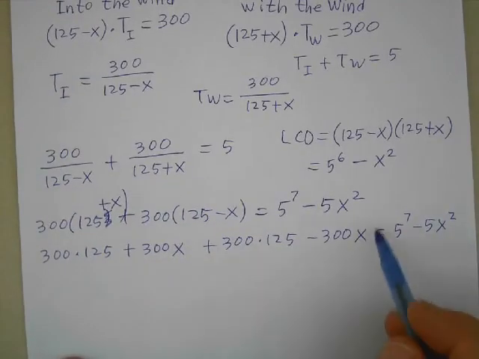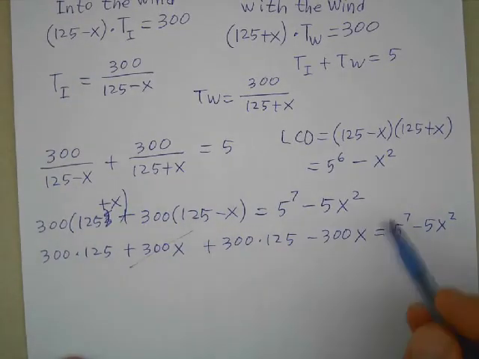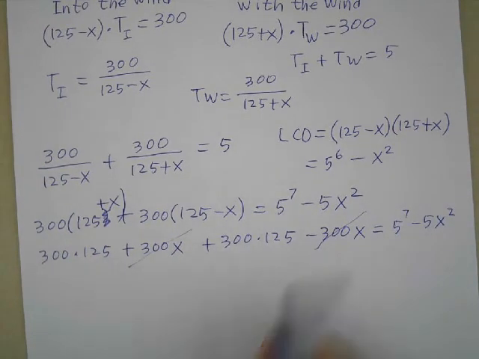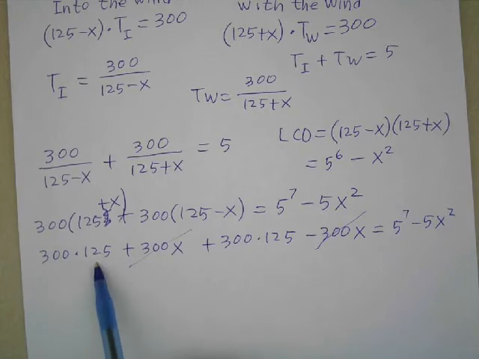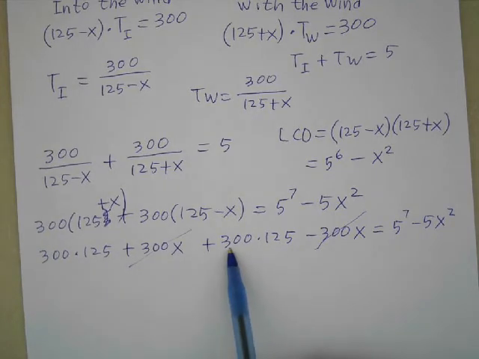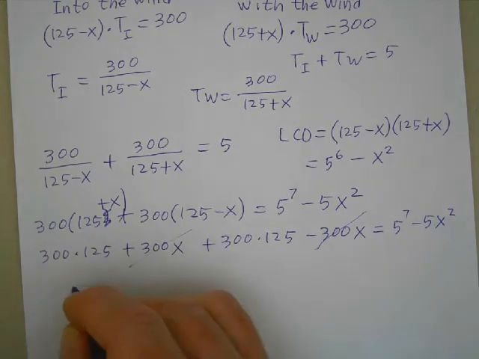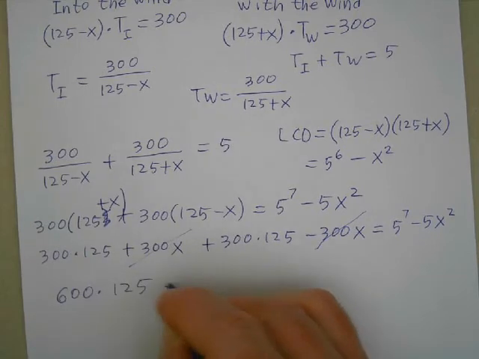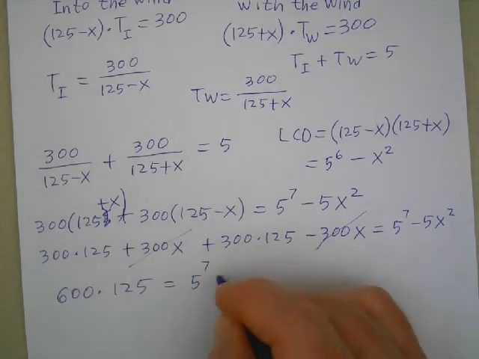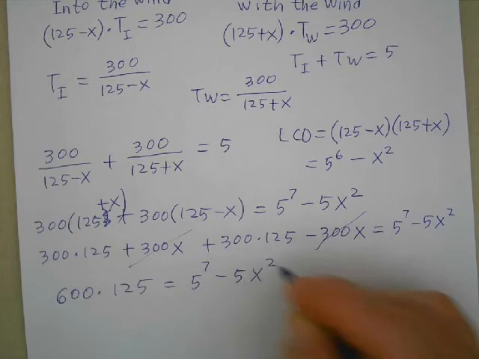We get a cancellation, the plus 300x minus 300x, those cancel, and we'll combine the other two numbers, 300 times 125 plus 300 times 125 is just 2 of those for a total of 600 times 125, and that's equal to 5 to the 7th minus 5 times x to the 2nd.